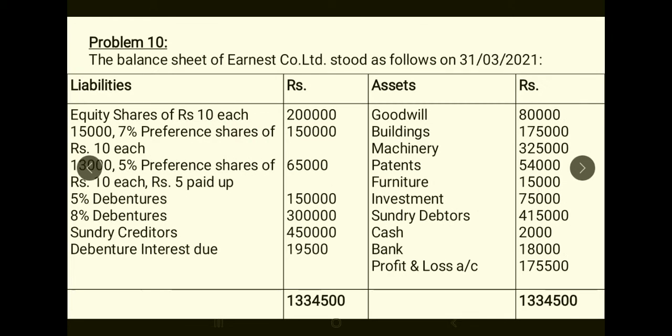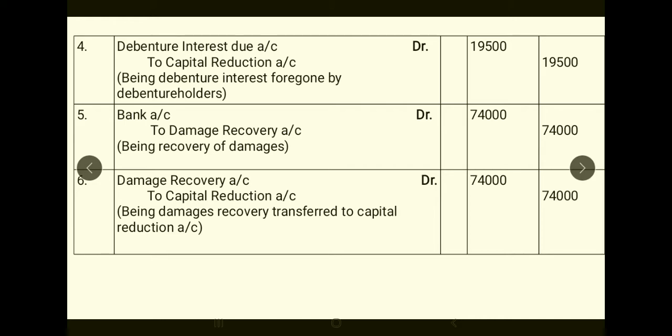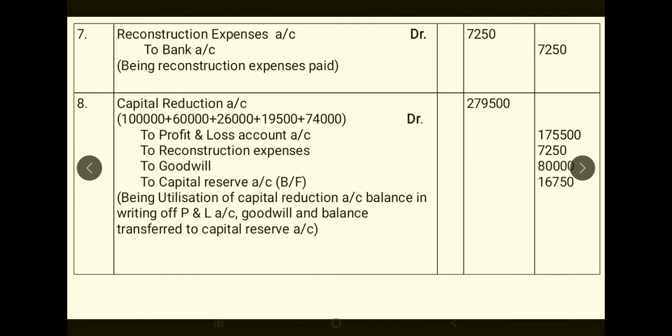So like that you have to take amounts from different journal entries. Okay, from all the journal entries: first entry, second entry, third entry, fourth entry, and sixth entry. Fifth entry was bank account debtor to damage recovery. So from sixth entry you get the 74,000. So all the amounts put together you have 2,79,500 rupees in capital reduction account.